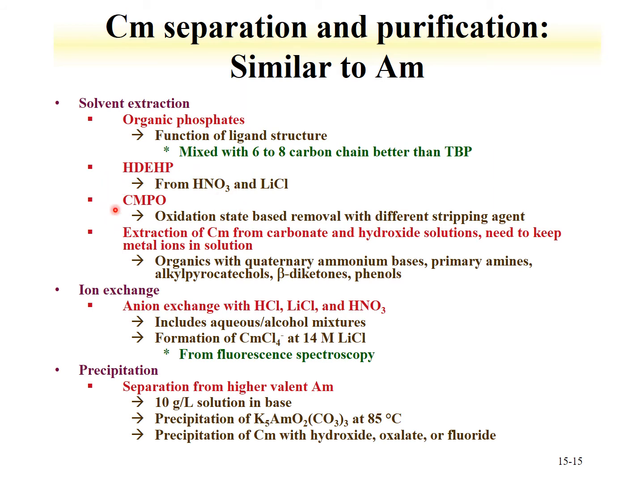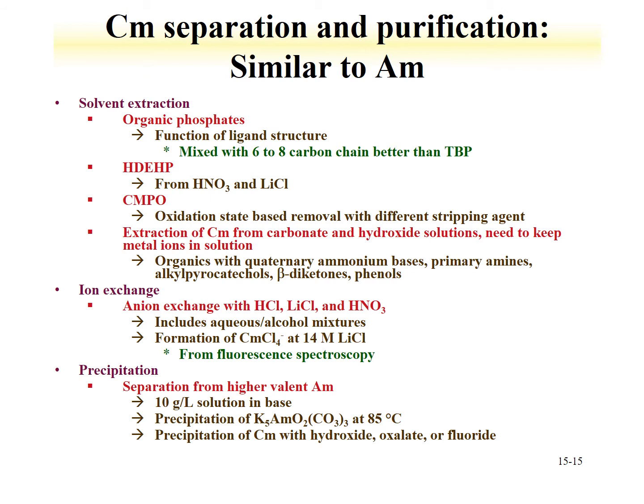CMPO, curium can be treated similar to what was described for the americium. Ion exchange, again with the lithium chloride, nitric, and HCl systems, where this work exploits the formation of anionic chloride species at the high lithium chloride concentrations.